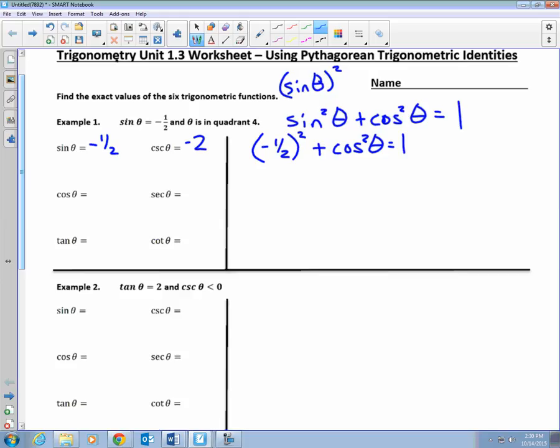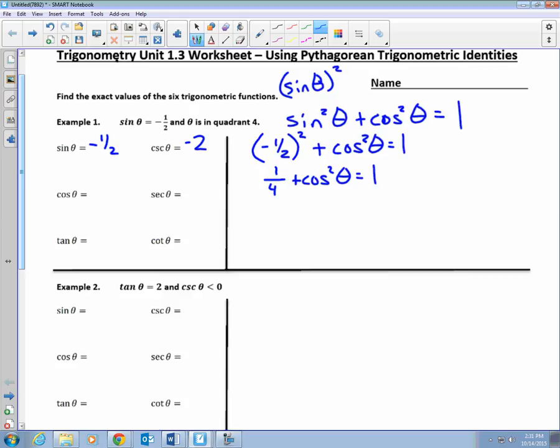So we take negative 1/2 and square it. We square the top. What's negative 1 squared? 1. You always get a positive when you square something, correct? So we got 1 over 2 squared, 4, plus cosine squared of theta is equal to 1. Now what?